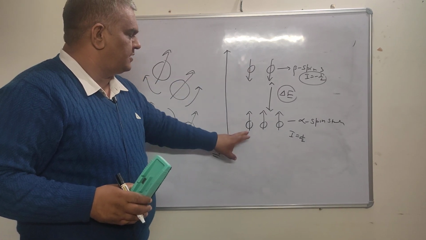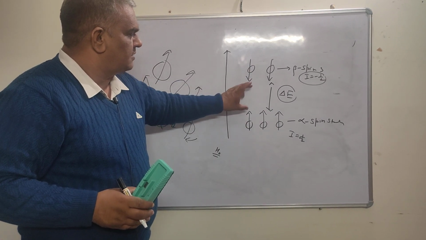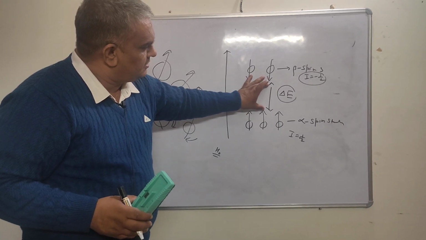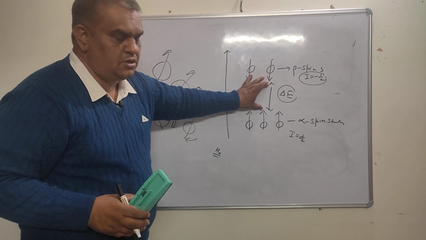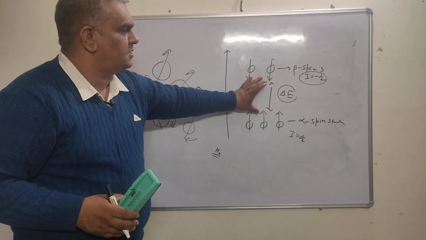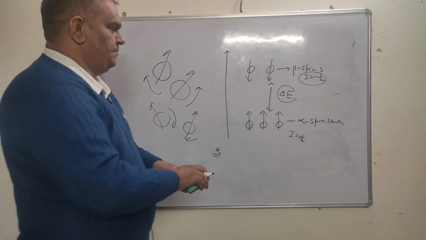The parallel orientation is more stable by a small amount of energy, and the energy difference between these two states corresponds to the frequency of radio waves. This is the principle of NMR spectroscopy.